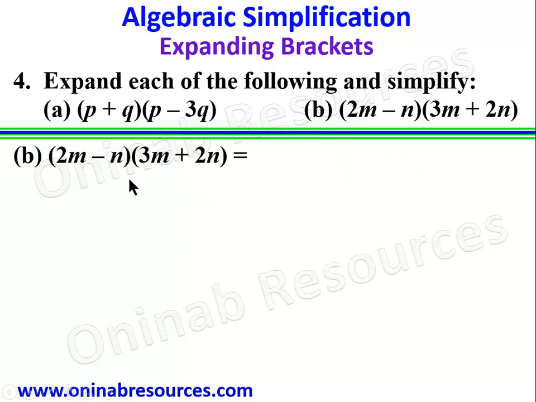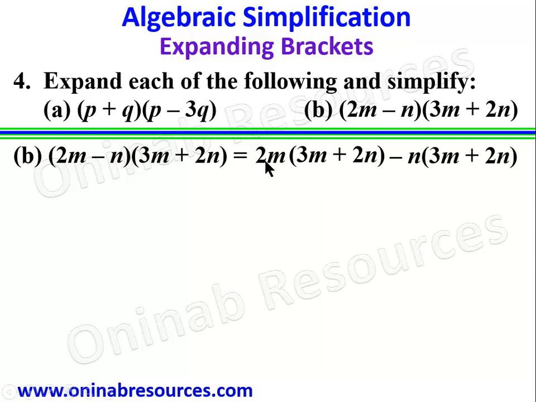We go to 4b. For problem 4b, in the same vein, the first term in the first bracket is 2m and the second term is negative n. So we pick the 2m, bring in the entire second bracket, minus n, bring in the entire second bracket.